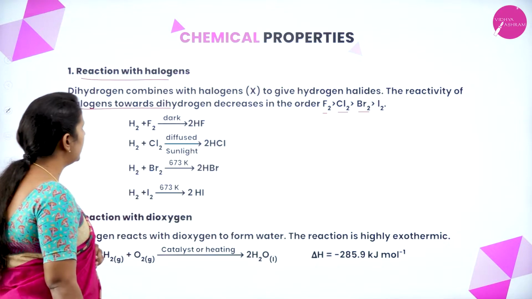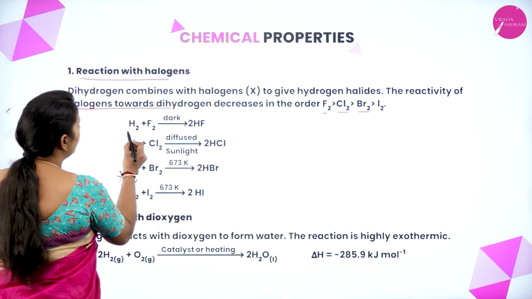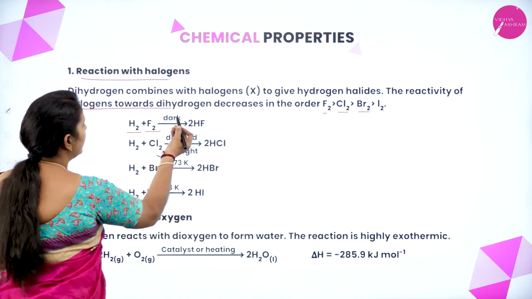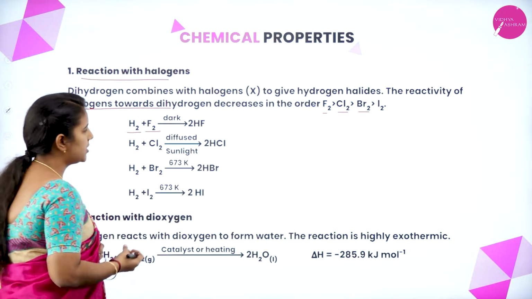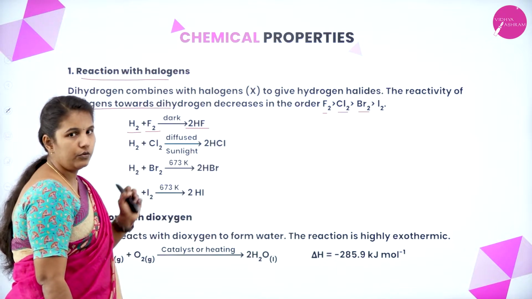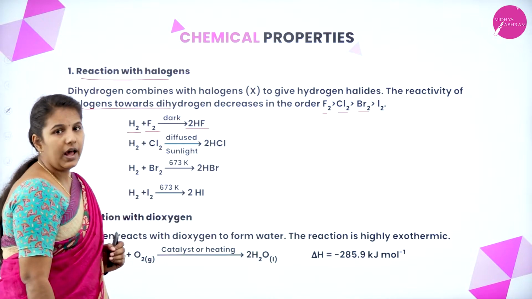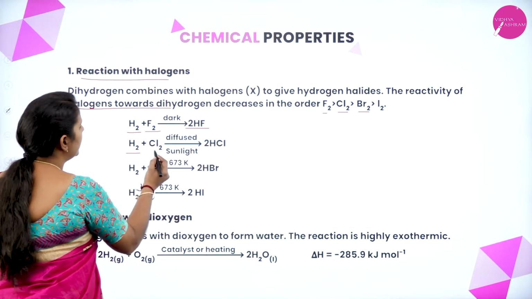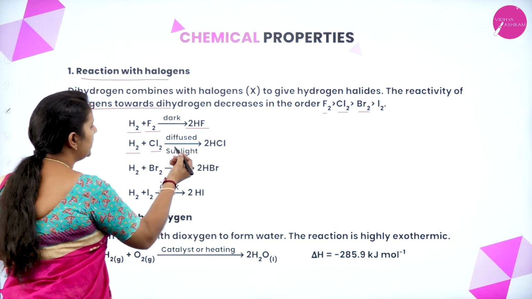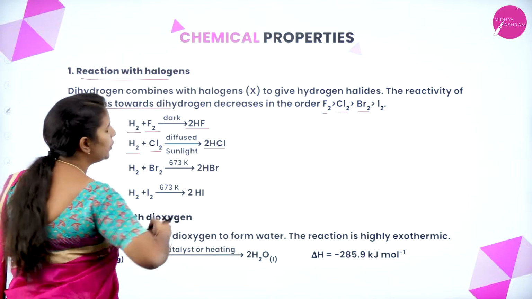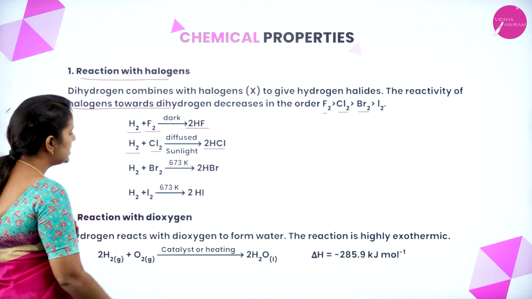Now, let us see the reactions. When dihydrogen combines with fluorine even in the dark, it gives hydrogen fluoride, which is a hydrogen halide. Similarly, when hydrogen combines with chlorine in the presence of diffused sunlight, it forms 2HCl.